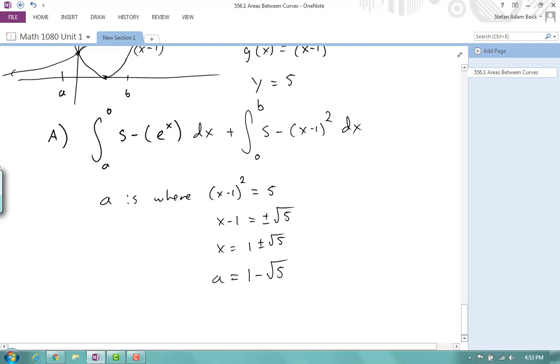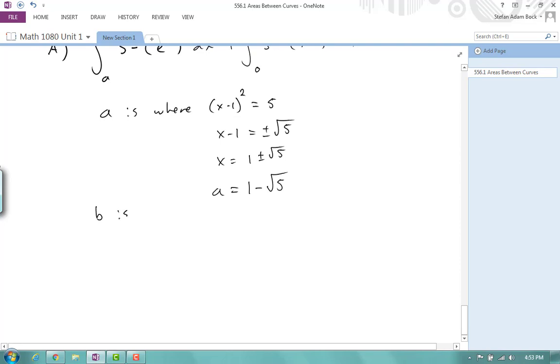And for b, b is where e to the x is equal to 5. If I solve that for x, my only option is natural log of both sides, and I'll have x equal to the natural log of 5. So that means that b is equal to the natural log of 5.